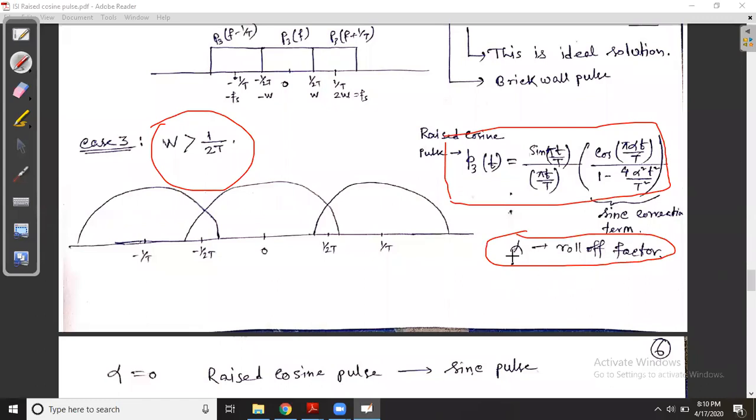Depending on the value of alpha, the shape of the pulse will change. So today we will see how, depending on the value of alpha, the shape of the pulse will vary.